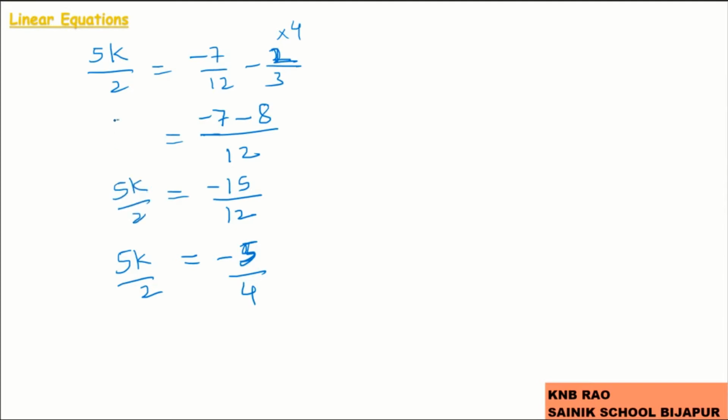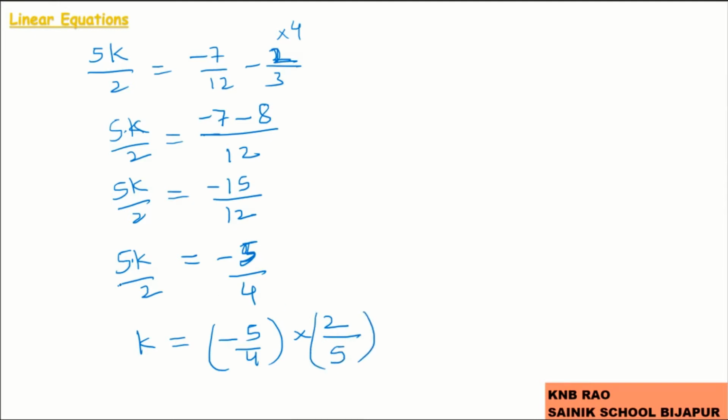Now we will transpose, apart from the variable k, this multiplicand 5 and this divisor 2. So keeping only the variable in the left hand side, when we transpose, this divisor will become multiplicand and this multiplicand will become the divisor. That is what we say: 5 by 2, if transposed to the other side, becomes the reciprocal 2 by 5.